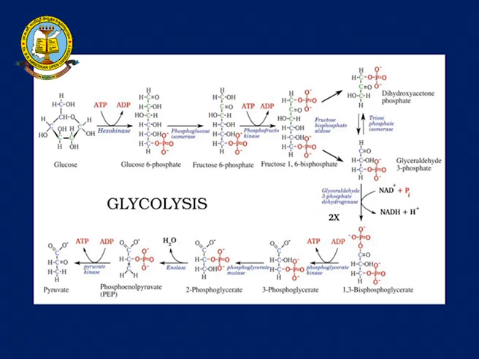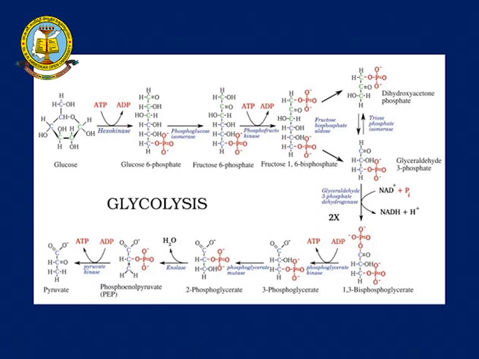Then, in the presence of isomerase enzyme, it is converted to fructose 6 phosphate. This is the isomerization of the phosphate molecule. Then another enzyme, phosphofructokinase, converts the fructose 6 phosphate molecule to fructose 1,6 bisphosphate.